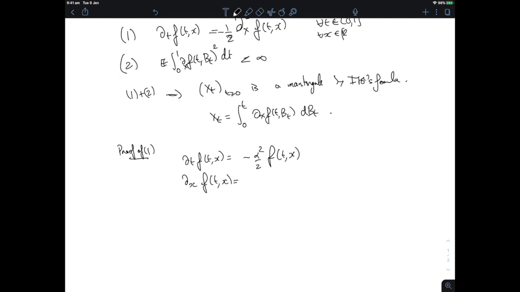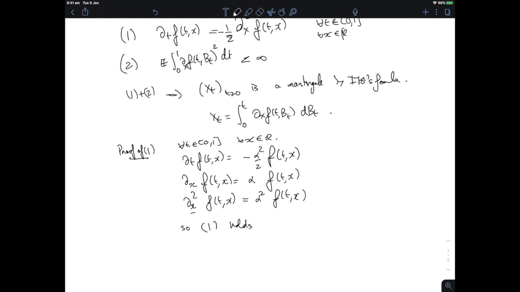Well, if I differentiate with respect to x, then I just pick up an alpha. And if I differentiate twice with respect to x, then I pick up alpha two times, so I get alpha squared. So we have all of that for every t in 0, 1, and for every x in R, just computing the partial derivatives. So 1 holds, because the second derivative in x of f(t,x) times minus 1/2 is certainly equal to the derivative in t.